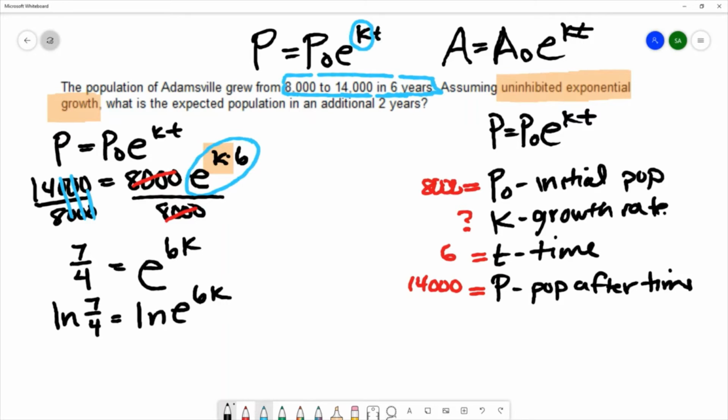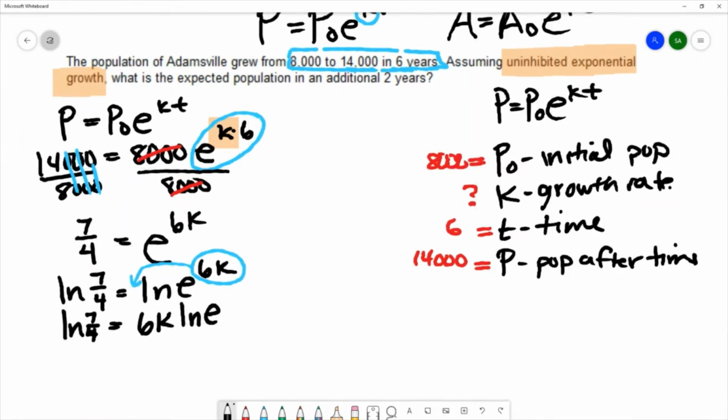Once you introduce the logs, you can use log properties, and there's a log property called the power rule, which allows you to move this exponent to the front. It becomes the coefficient, so we have 6k natural log of e. On the other side, I'm just copying down natural log of 7 over 4.